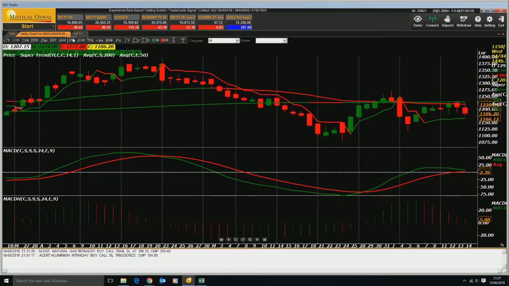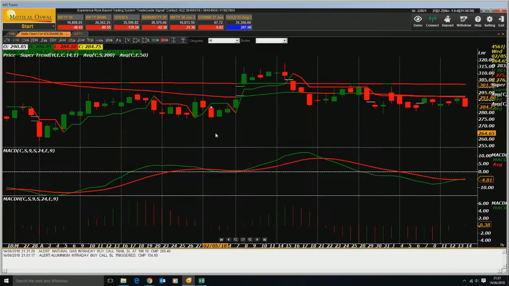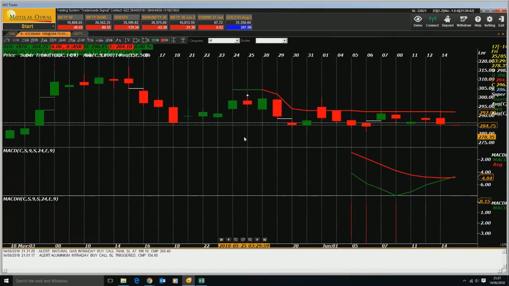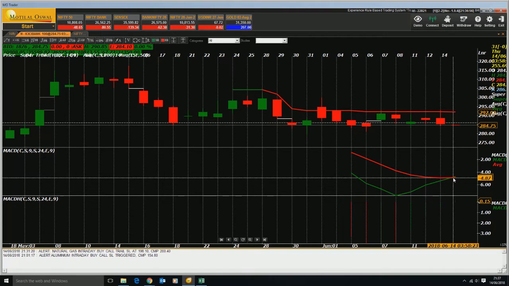ICICI Bank, 375. It's more or less on a very much sideways market, right? But it's giving a sell signal, but the MACD is giving me a crossover signal.